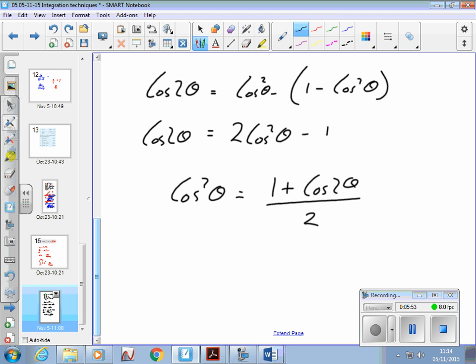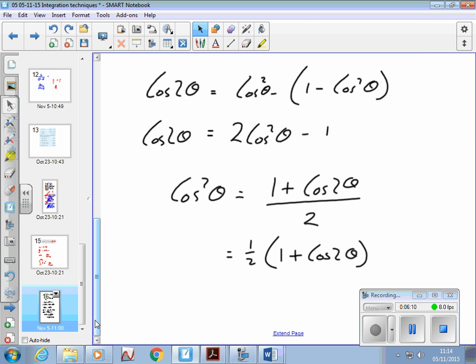Which I could write as a half of 1 plus cos 2 theta. Either way. I'm trying to remind you all the time about these different ways of writing things algebraically.